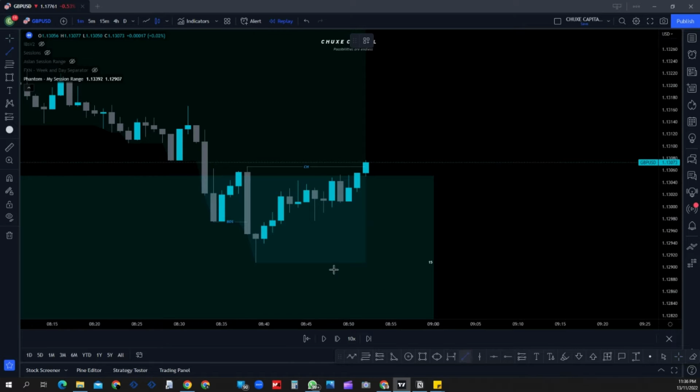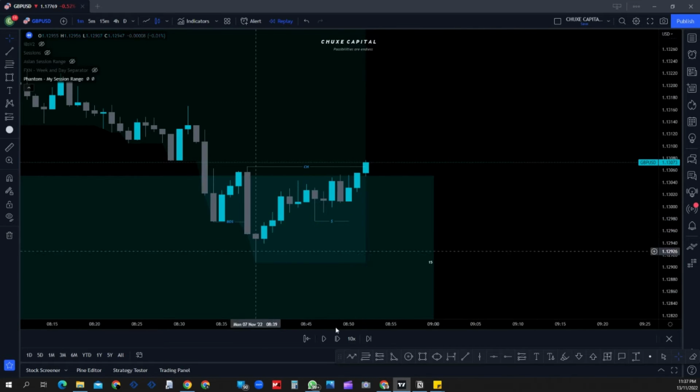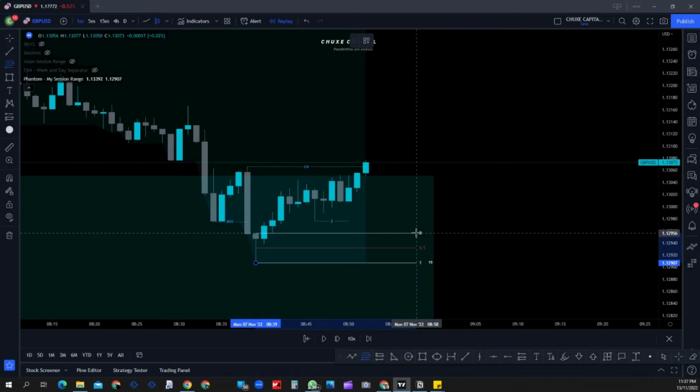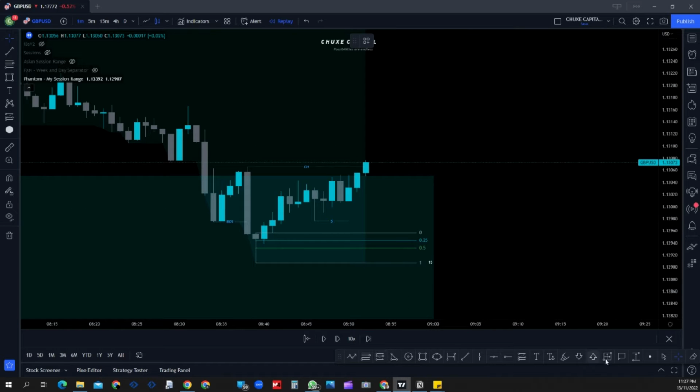We have this resting liquidity here. So we can then draw this OB right here and then put our trade on.